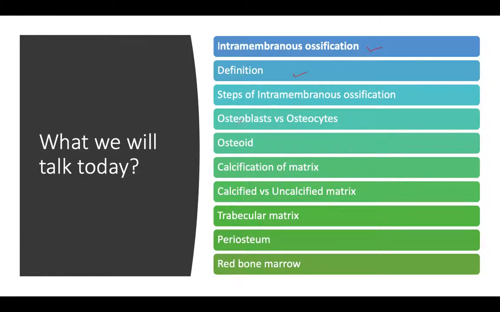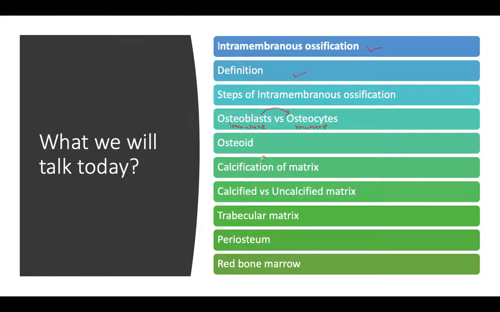The idea here is osteoblasts basically are the immature bone cells, and osteocytes are mature bone cells. Immature means new cells, right? Osteocytes are mature, meaning old cells. That means osteoblasts are going to transform themselves into osteocytes.